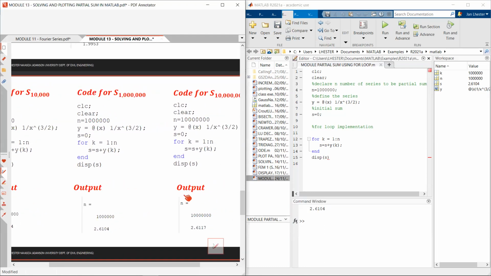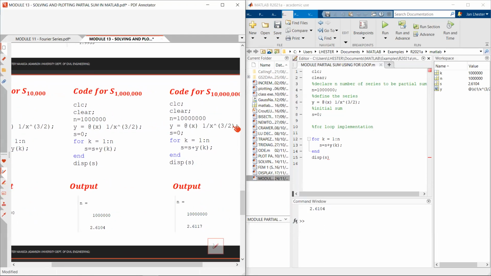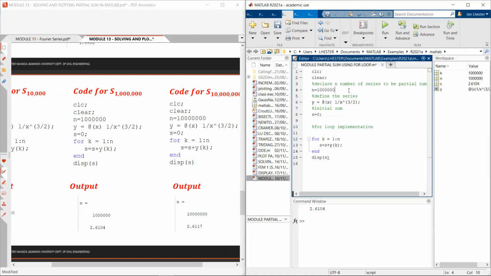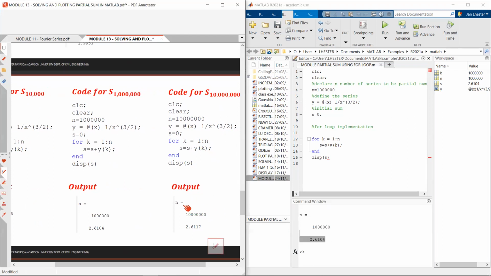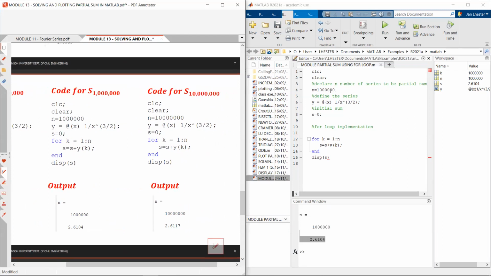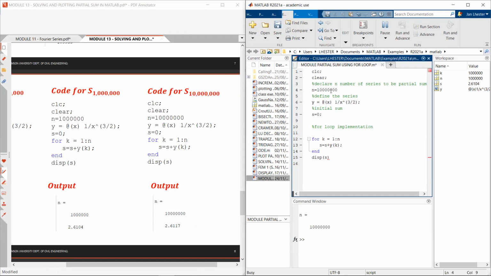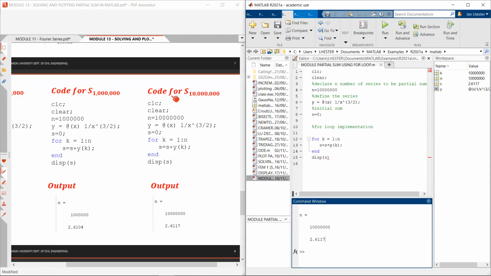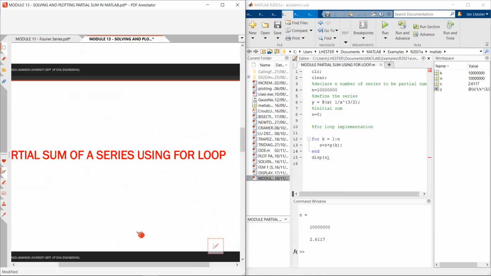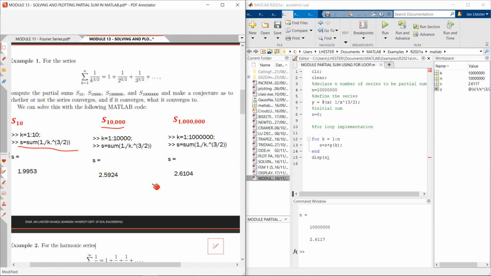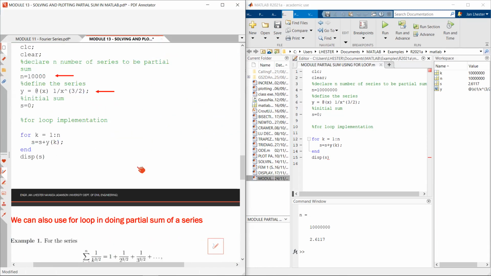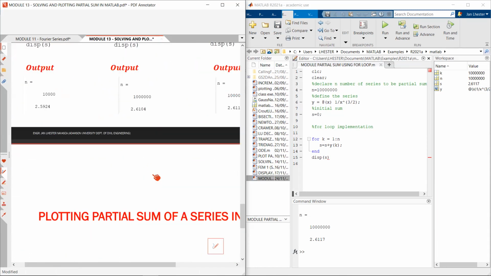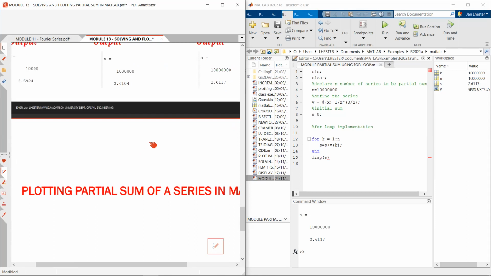And for 10 million, you get 2.6117, which is exactly the same dito. 2.6117, 2.6104, and 2.5924. Okay, so that is using the for loop in partial sum.